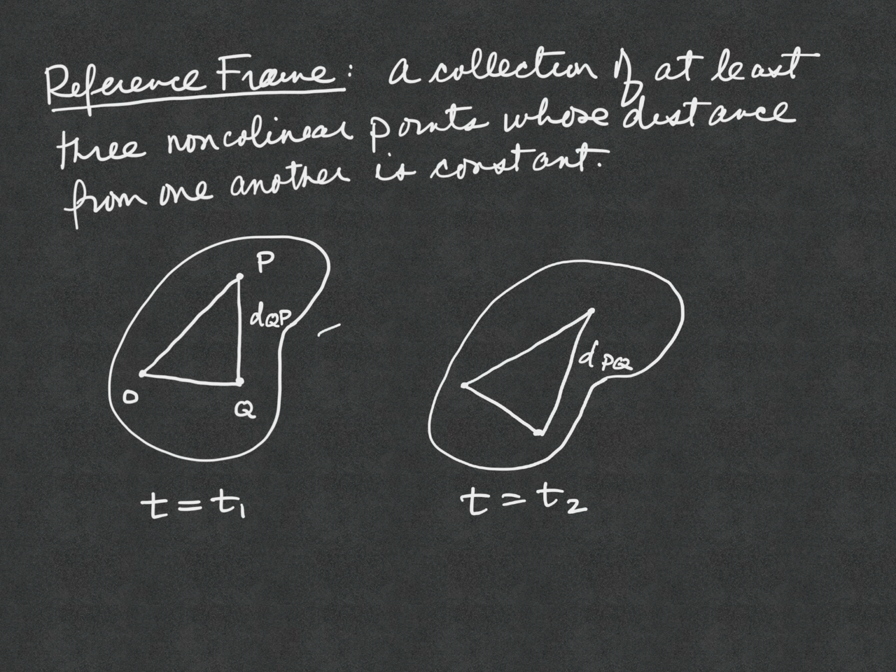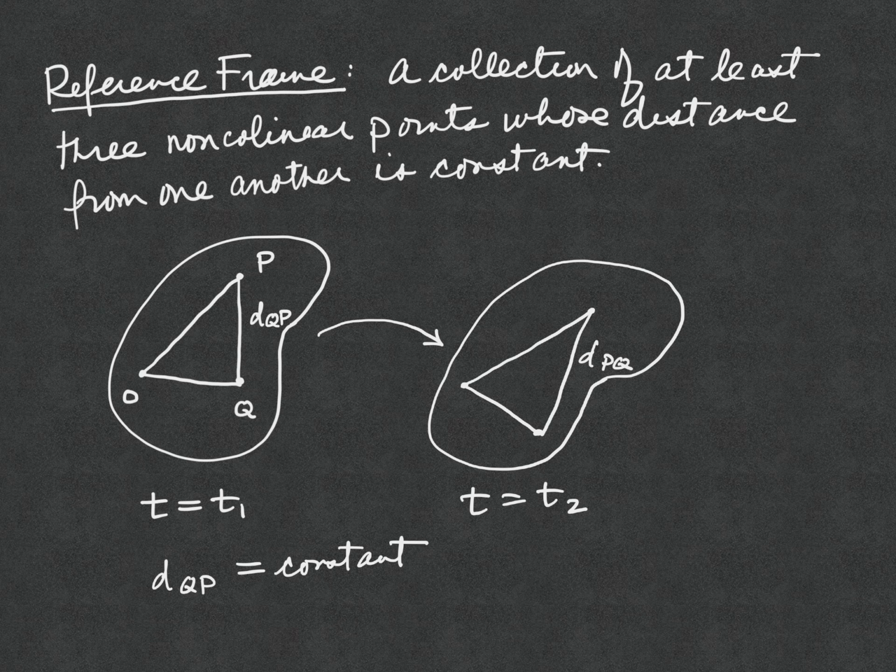And this entire collection has moved in going from t1 to t2. This distance, dPQ, or dQP, is constant. And this distance being constant is true for all points in this collection.